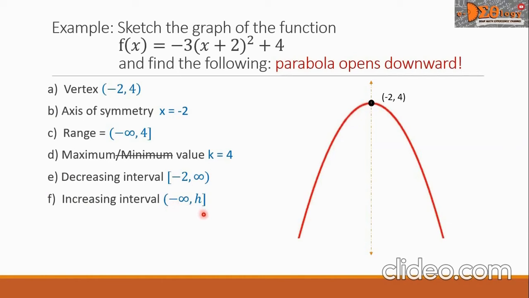We will just substitute the h value with our x coordinate of the vertex. So our answer is the negative infinity up to -2. We use the square bracket here and also the parenthesis because we know every time there is infinity, always parenthesis is used.